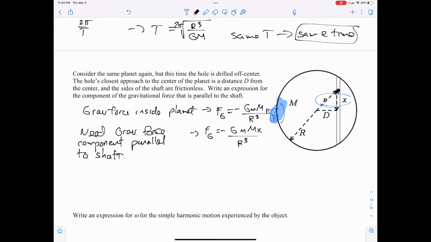Okay, so let's look back at the picture. Here's the shaft that we're talking about right here. We need a component that's parallel to that. So x over r, if you think about it, represents the sine of the angle, which would be a parallel component.